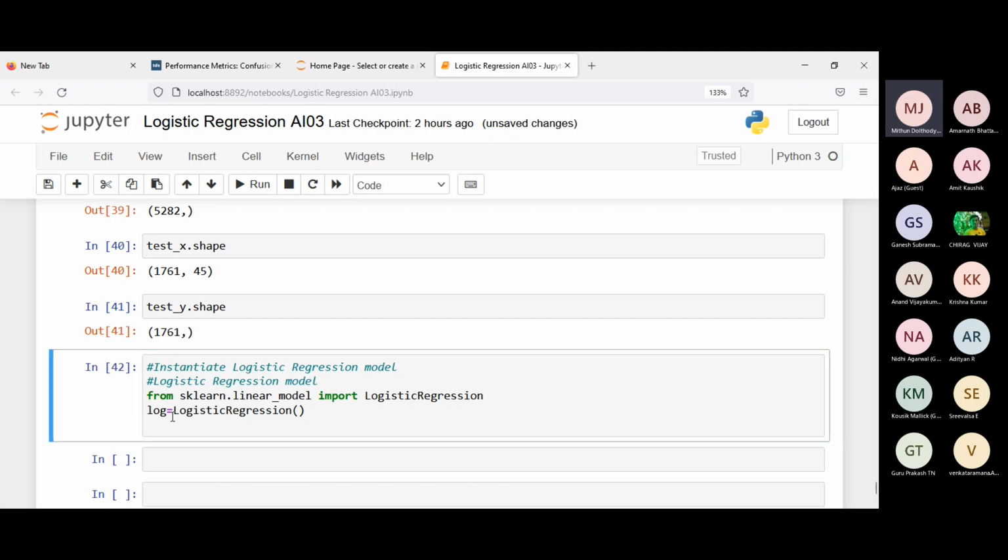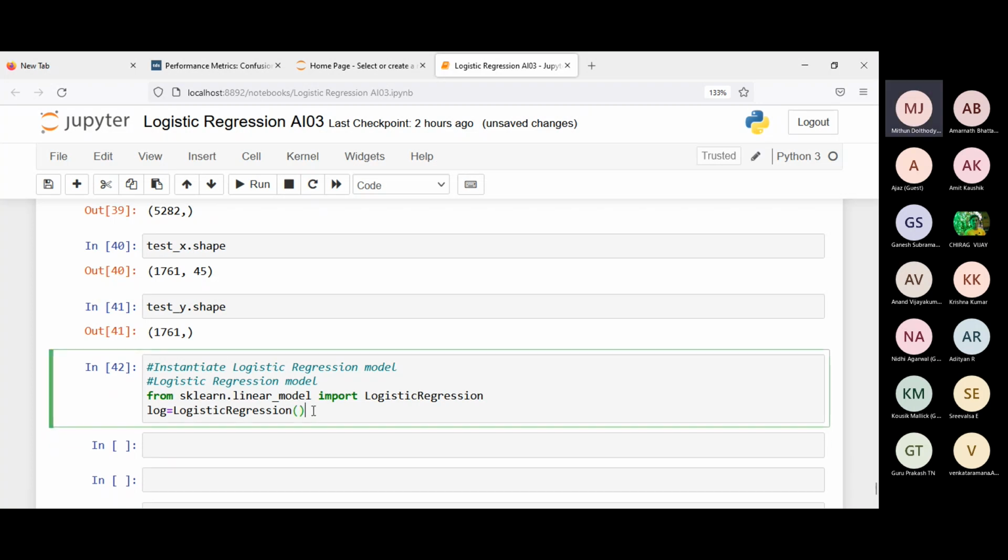The object is saved as log. This is your logistic regression model, and log is just a short form for it. L caps, R caps.